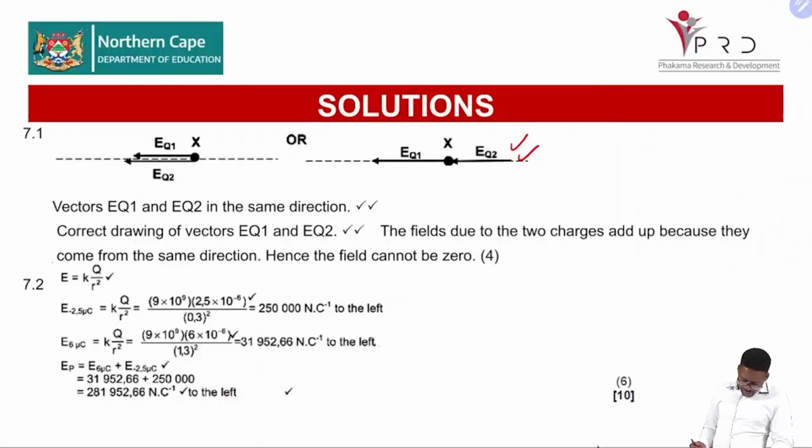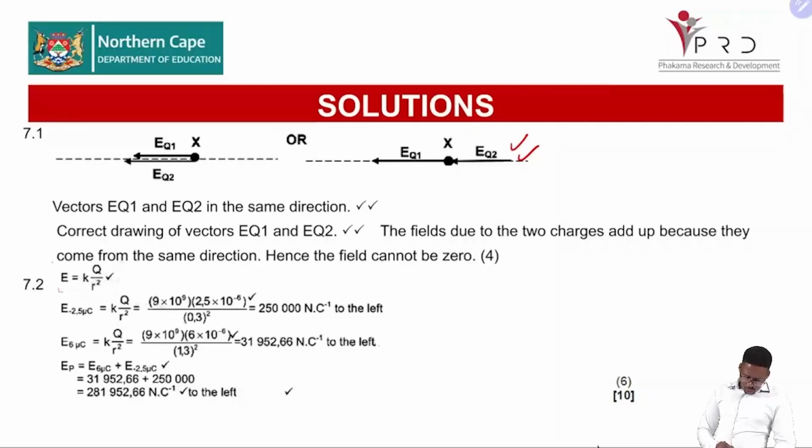Calculate the net electric field at point P. So also you must have a direction. So a child can say, let left be positive, because already you can see both of them are moving to the left. And then you can start with Q1. E1 is equal to KQ over R squared.